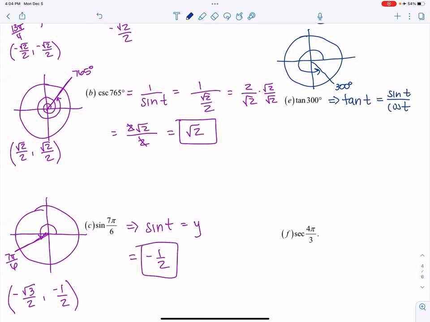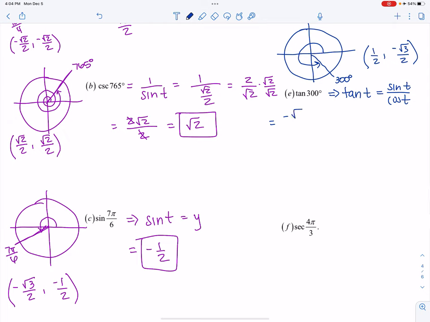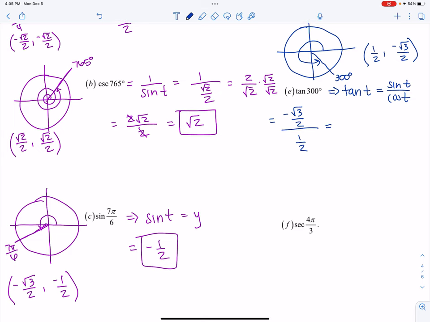And if we know our big 3, which we should by now, we know that our coordinates here are 1/2 and negative root 3 over 2. If we put sine over cosine, then we will be putting negative root 3 over 2 over 1/2. And I'm going to use my fraction division knowledge. Negative root 3 over 2 times 2 over 1. This leaves us with negative root 3.